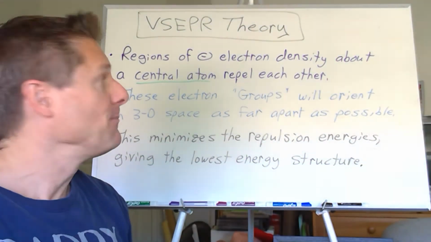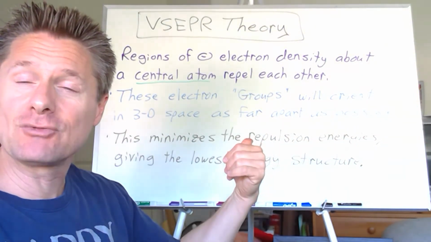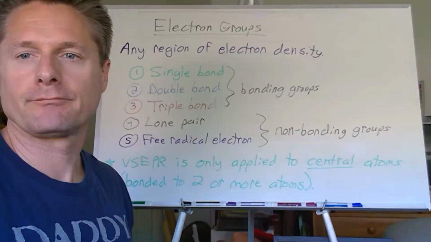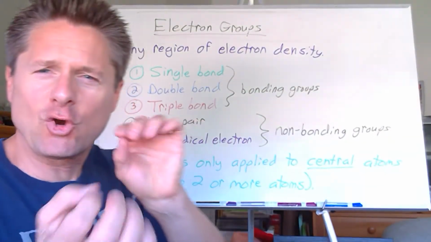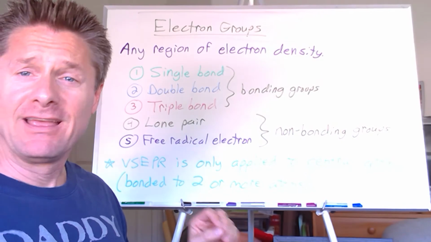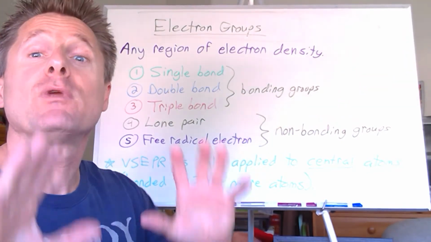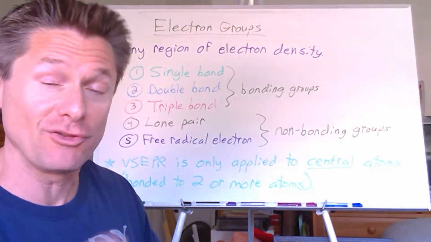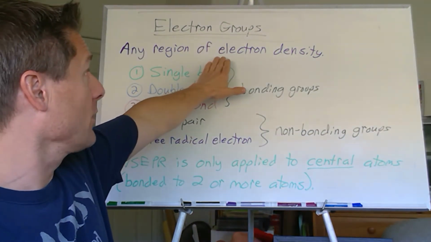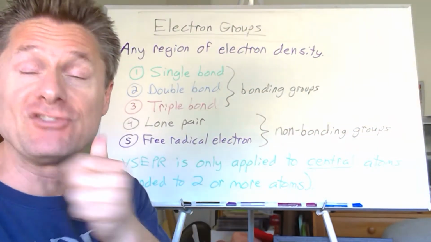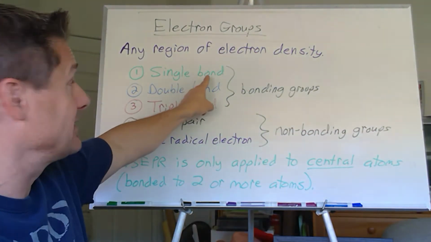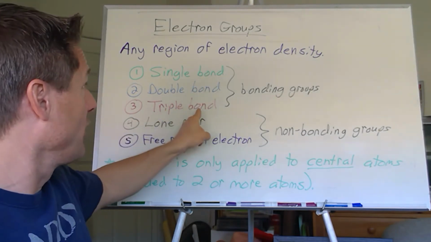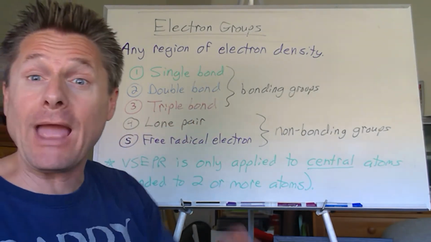Let's redefine central atoms and electron groups. Here are our crisp, clear definitions. Remember, don't think in terms of electron pair repulsion, think in terms of electron group repulsion. They're all equivalent. So here's what we're going to define as electron groups: any region of electron density. That counts as a single bond, double bond, triple bond, 1 pair, 2 pair, 3 pair, but they all count as one group.